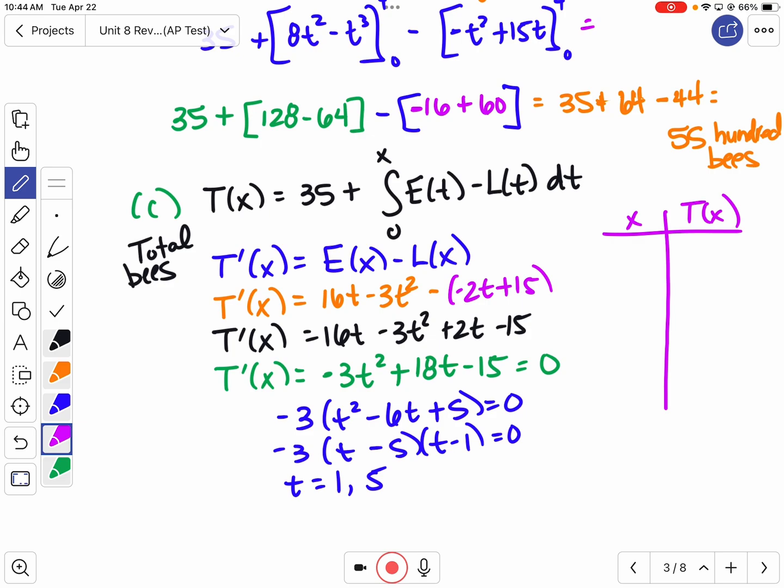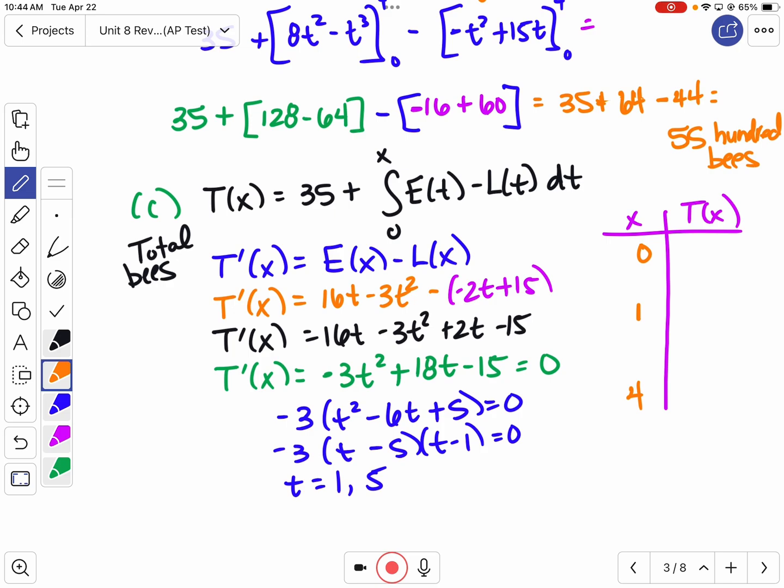We know the 2 endpoints were 0 and 4. Which of these critical points do I have to test? Just 1. 5 is outside the interval we're talking about. So that's going to save me some time.